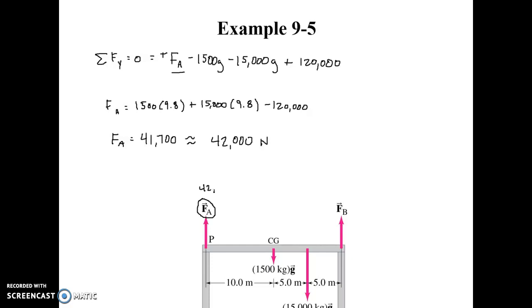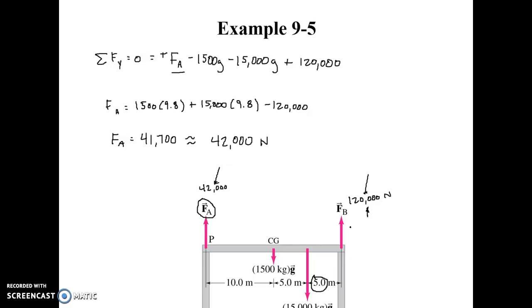So we've got 42,000 over here and 120,000 newtons over here. As I look at my notes or my PowerPoint, this was 44,100, but that was because on the previous slide, this had only been rounded to three significant figures, and it really should be two. So going with that, it's 42,000 for Fa and 120,000 newtons for Fb.